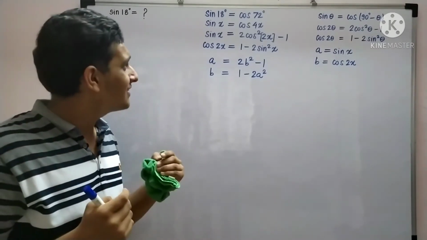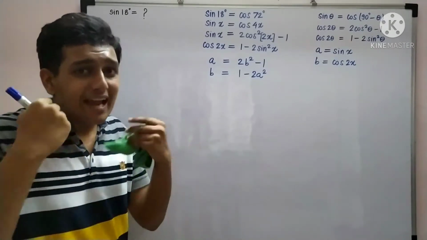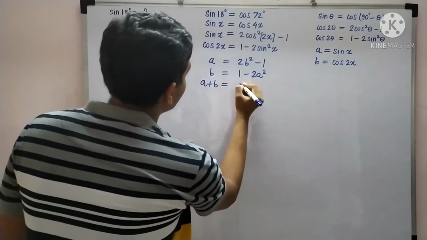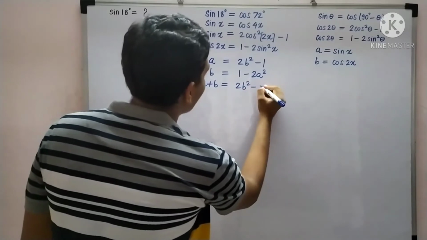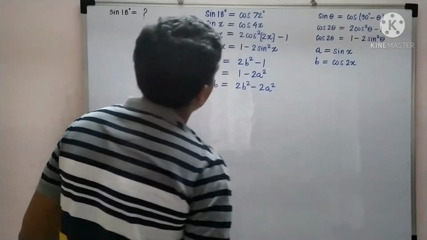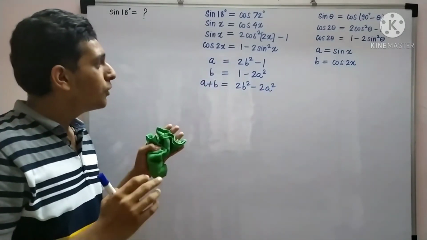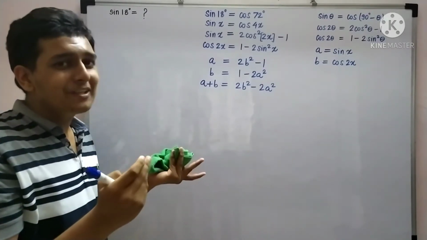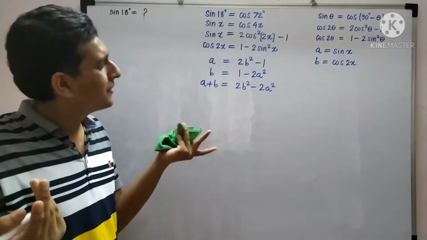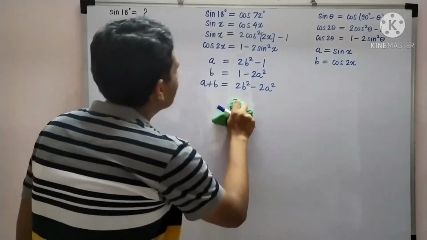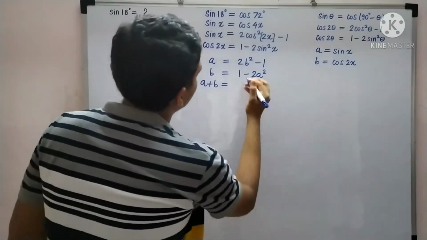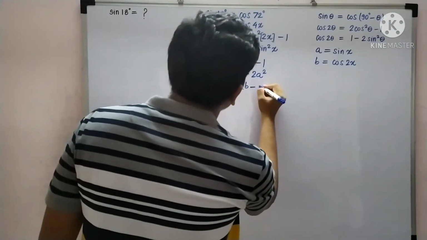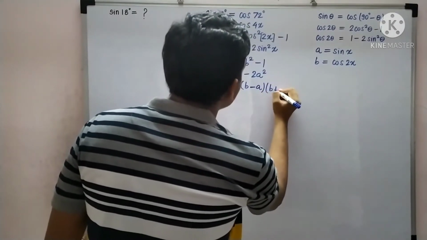Right here, in this case, to do that, we must add the equations to get that a plus b is 2b squared minus 2a squared. Once we factor out the 2, we get a difference of two squares on the RHS, which again we can factorize using the difference of squares formula. We change the RHS to 2 times b squared minus a squared, that is 2 times b minus a into b plus a.